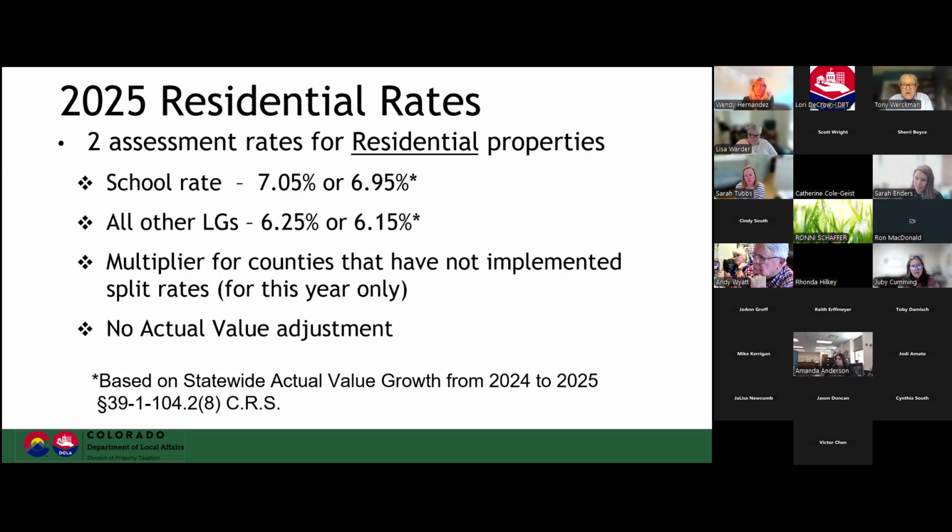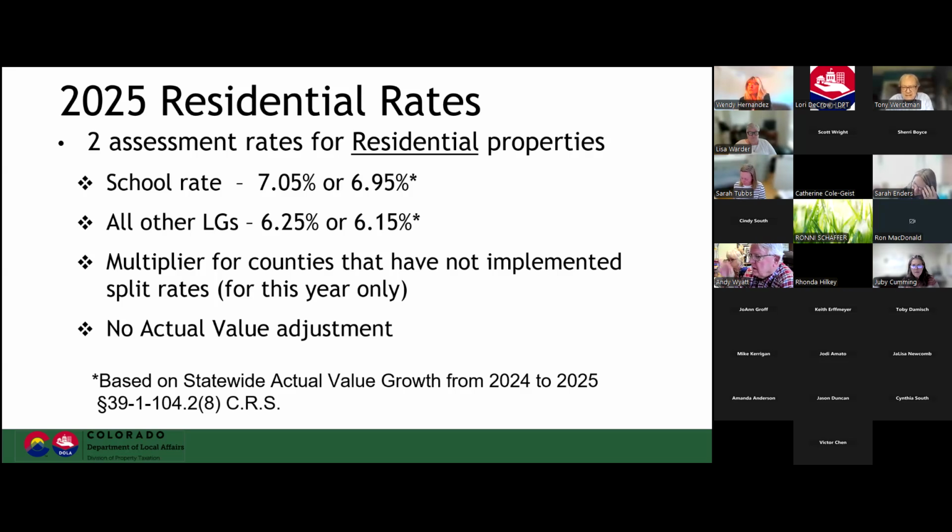You're going to provide us that information by August 25th, and that information will then be passed on to the State Board of Equalization, who will make the appropriate change if necessary, probably in their October meeting. That meeting is going to be busy for the State Board. Right now we're using the Legislative Council staff's forecast that the growth rate is going to be less than 5%. That's why we've recommended everybody use the 7.05 or the 6.25 for schools and local governments in their systems.